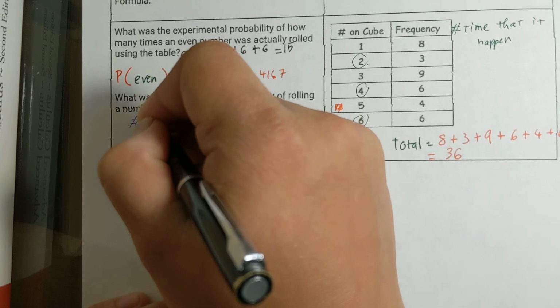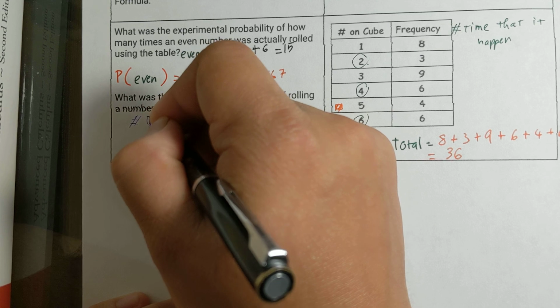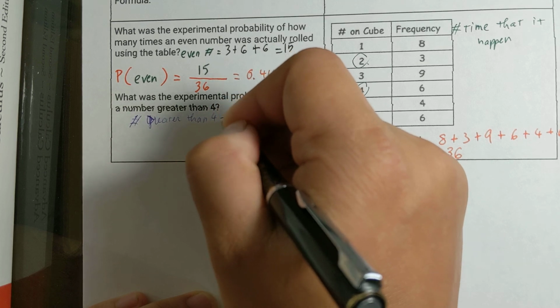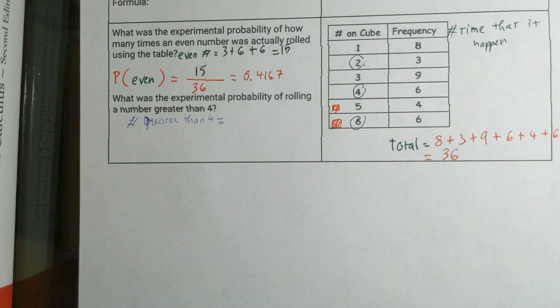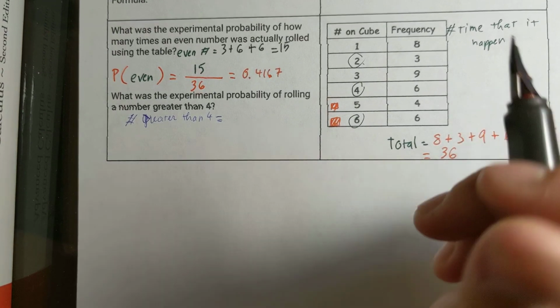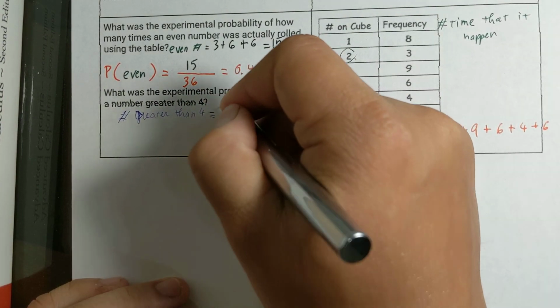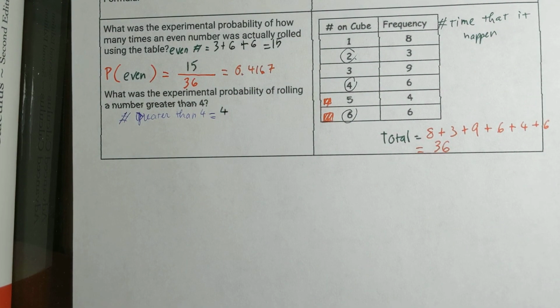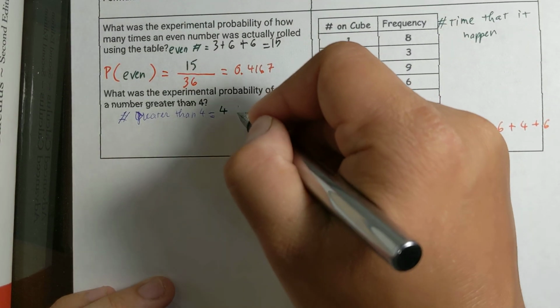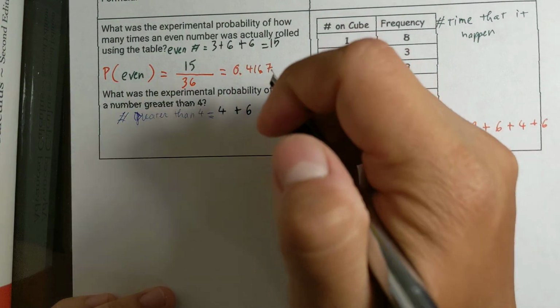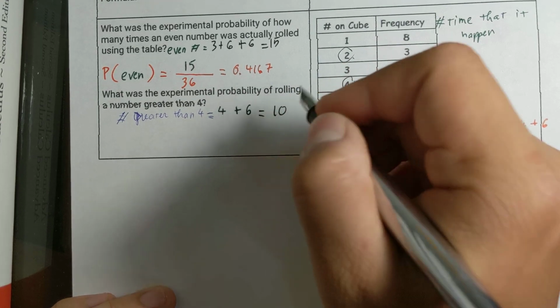The number greater than 4 is going to be either 5 or 6. The number of times that happened on 5 was 4, meaning if you roll a cube 36 times, the outcome 5 appears 4 times. And the outcome 6 appears 6 times. You add them up, the total will be 10.